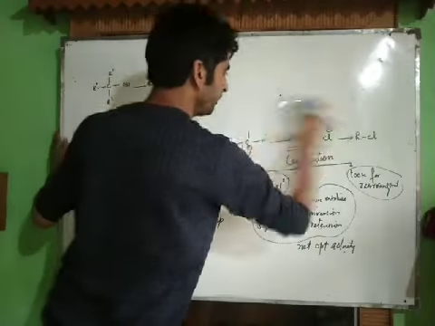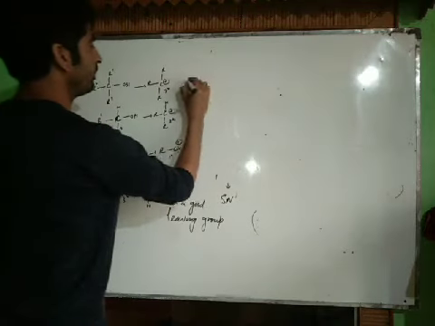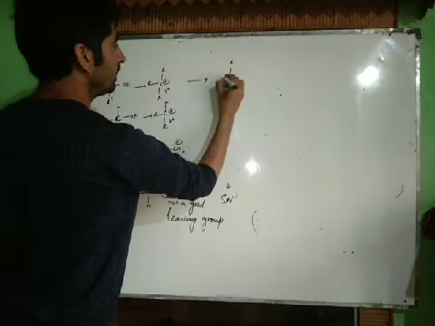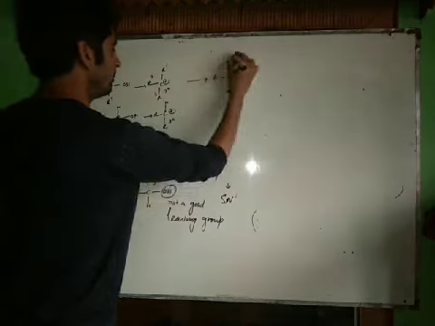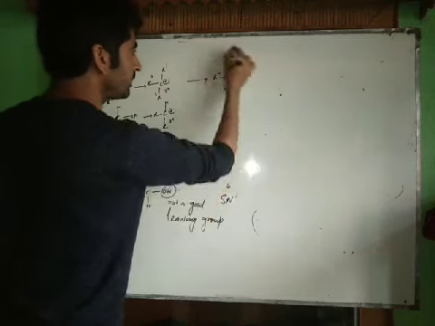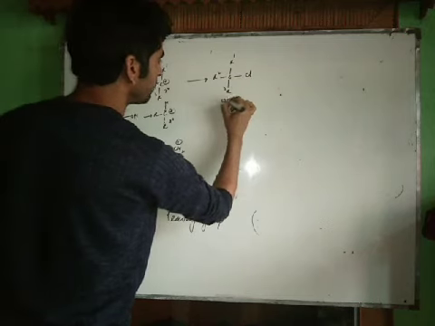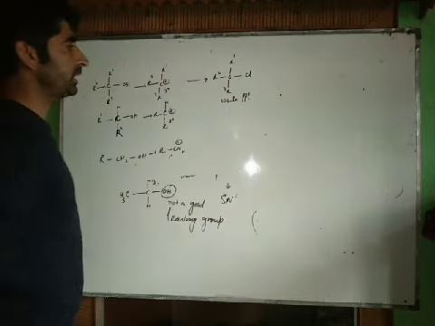Therefore, what is formed with Lucas reagent? Haloalkane. What type of haloalkane? We will get carbon with R groups 1, 2, 3 and halide over here. This is a white PPT, a white PPT of haloalkane. This is tertiary alkyl halide.